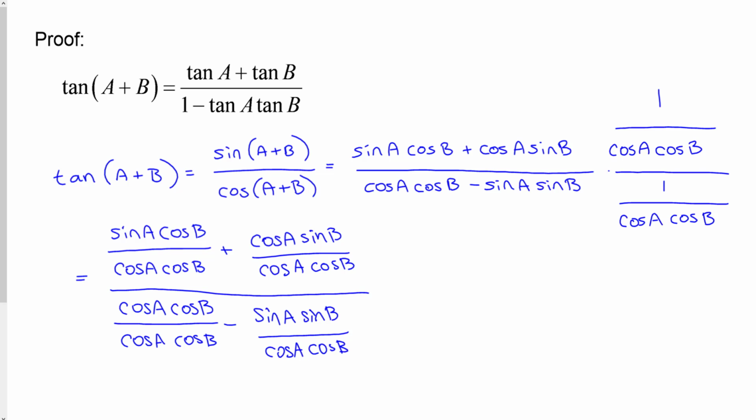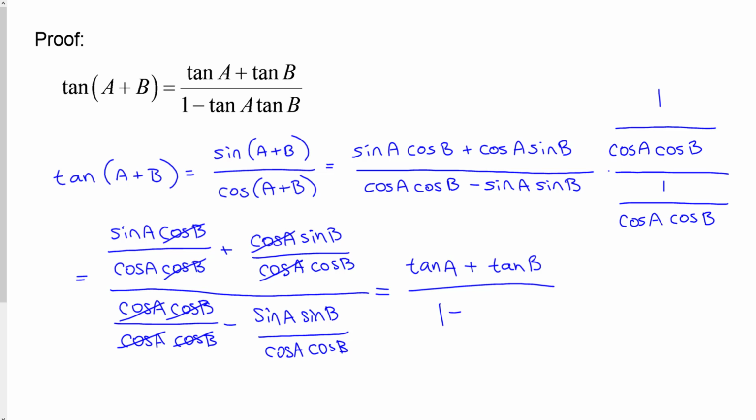Now there's a lot of stuff that will cancel out. So let's see what happens here. In the first fraction in the upper left-hand corner, I've got cosine B in each one of those. That's going to cancel, and I'm left with sine A over cosine A. Sine over cosine is tangent. In the next fraction, cosine A cancels, and I'm left with sine B over cosine B, so that is tangent B. In the next fraction, cosine A and cosine B all cancel, which results in just 1.